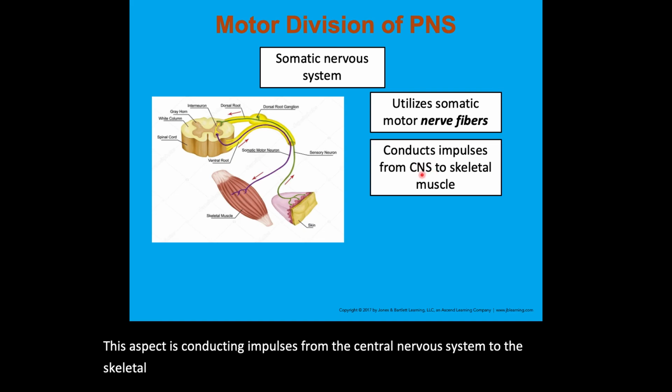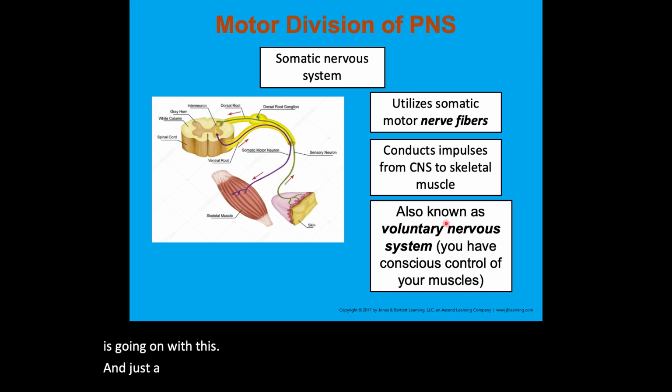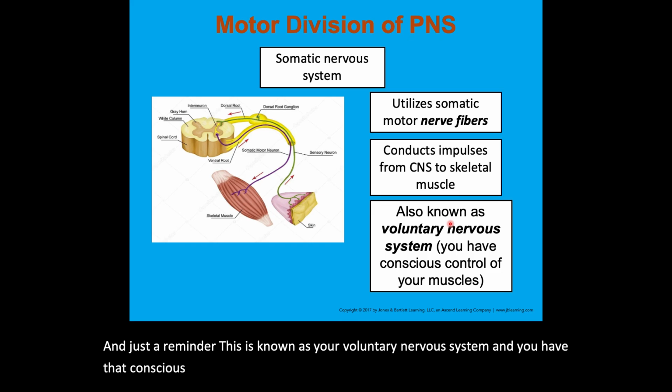So I'm reiterating, conscious thought of doing a specific activity is going on with this. And just a reminder, this is known as your voluntary nervous system, and you have that conscious control over this muscle.